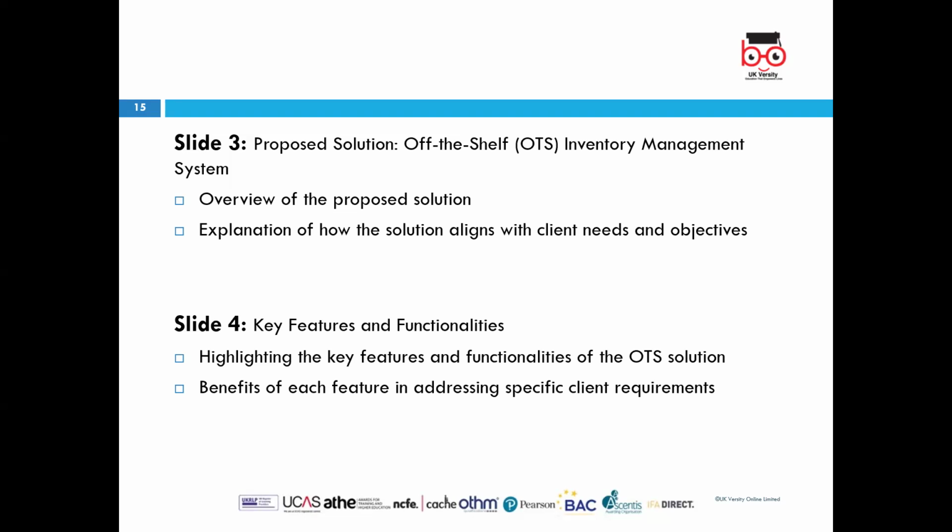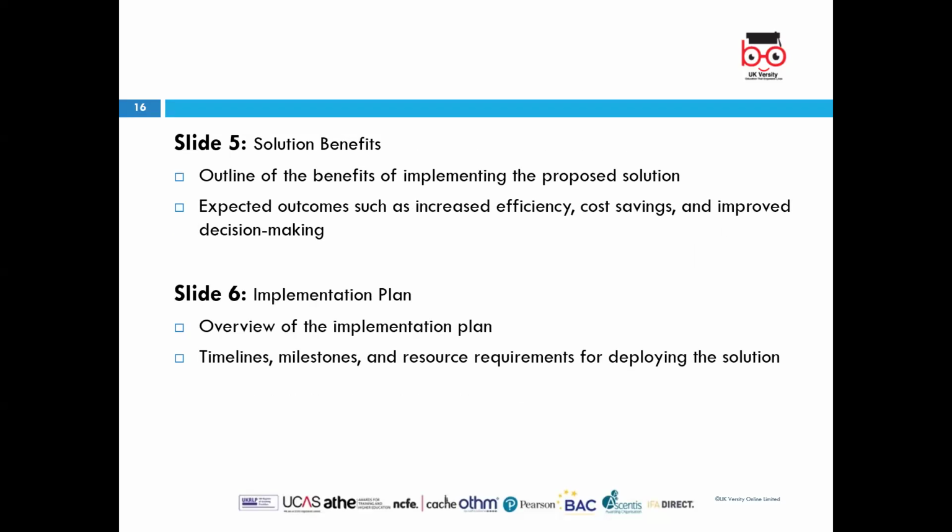The following slides could include key features and functionality, where we highlight the key features and functionality of our off-the-shelf solution, and also present the benefits of each feature for addressing specific client requirements. Then in our fifth slide, we can look into the benefits of our solution, outlining the benefits of implementing this proposed solution.